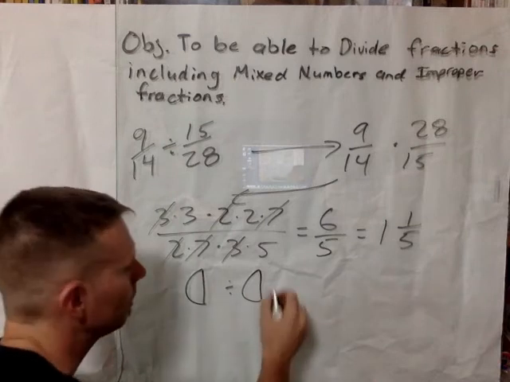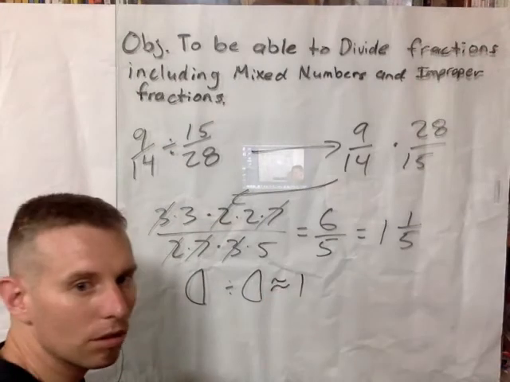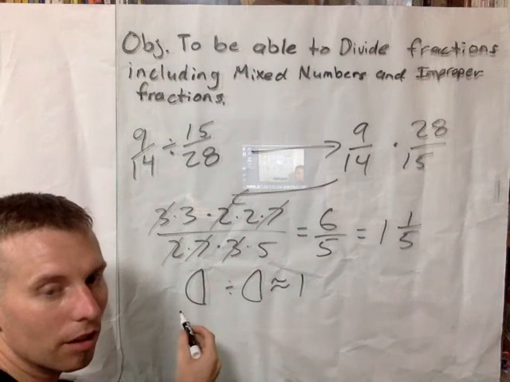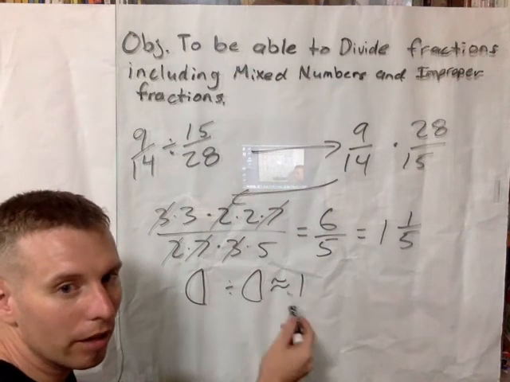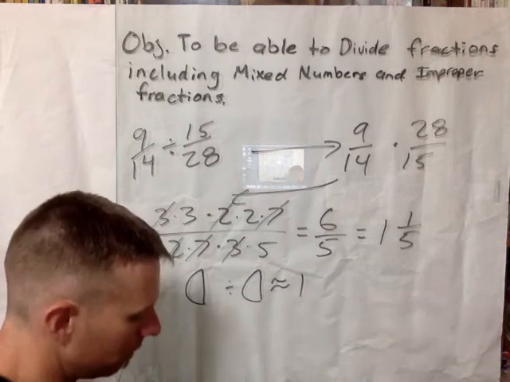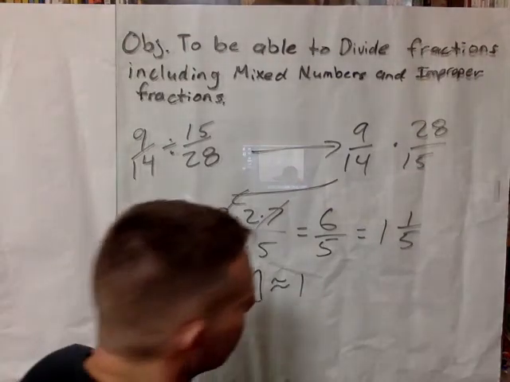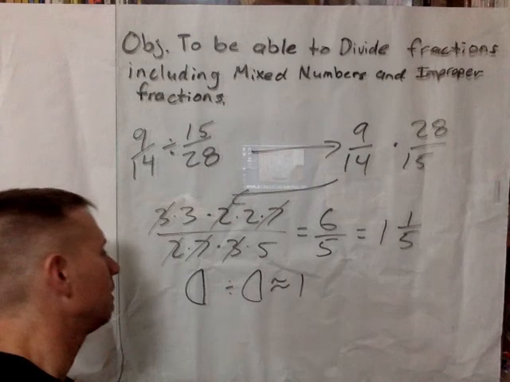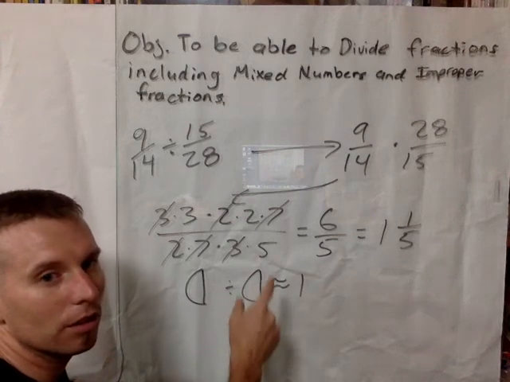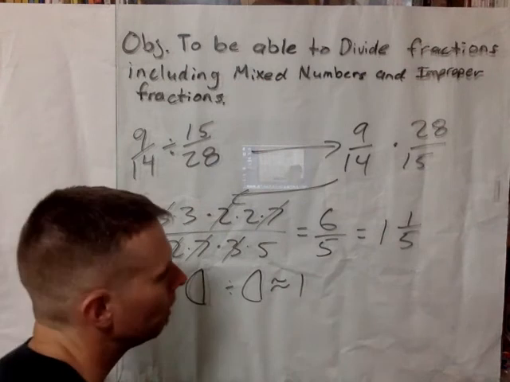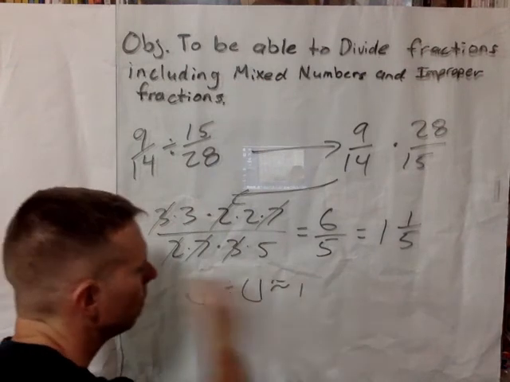It goes in about once. Not 1/4, I didn't say that right. 1/2 in halves is 1. So you get about 1. 1 and 1/5 is pretty close.